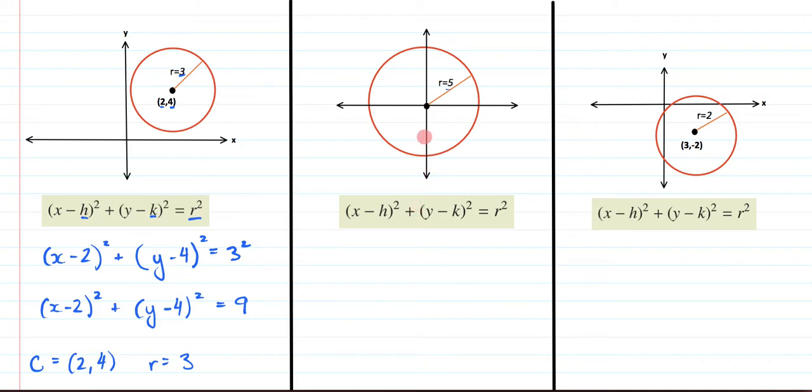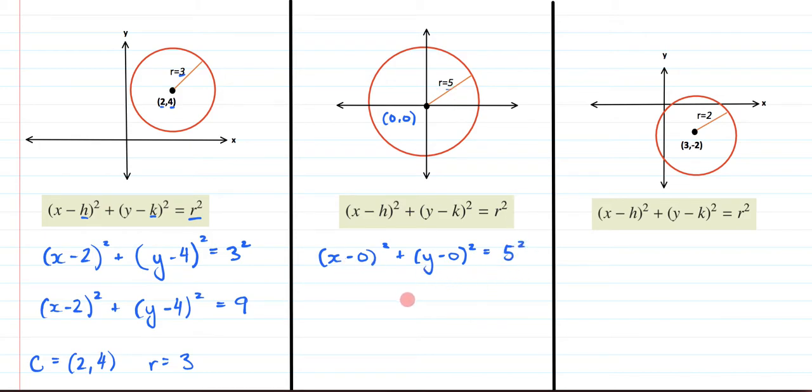What you'll notice about this is that my center is the origin. How is that going to affect things? Well, we simply follow the protocol. So I'm going to be left with (x − 0)² + (y − 0)² = r², and my r in this case is 5.